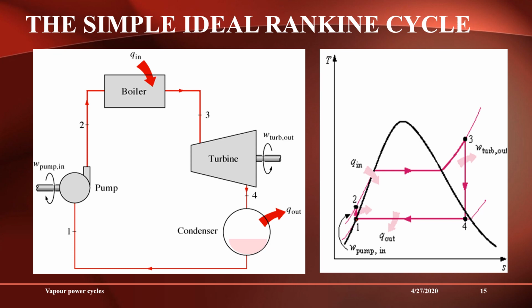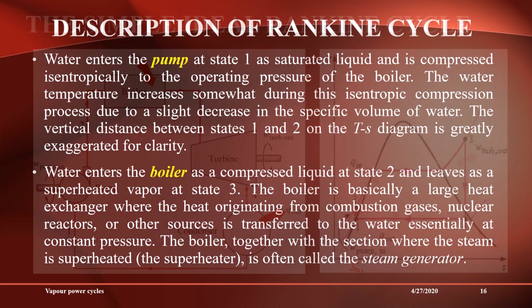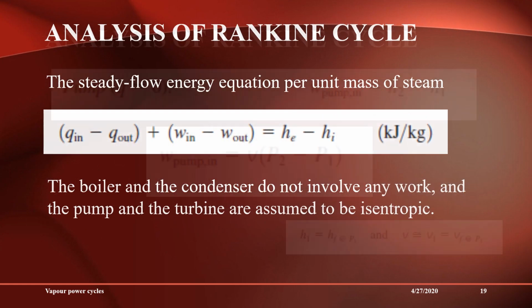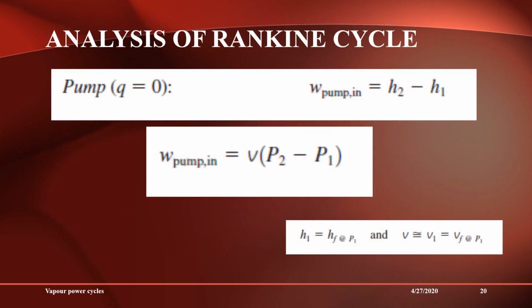If you draw the TS diagram or PH diagram, we will get the enthalpy value, the H value. So here you will get the S1 value. That is the point corresponding to the condenser pressure on the saturated liquid line, or it's HF at P1, and VF at P1 for the specific volume value.